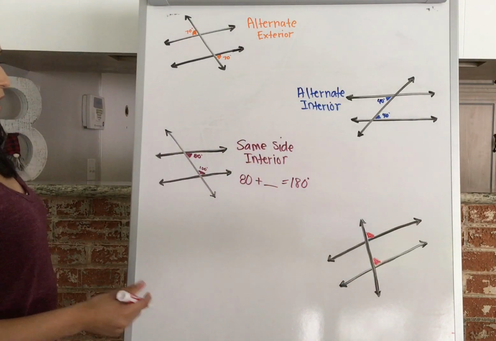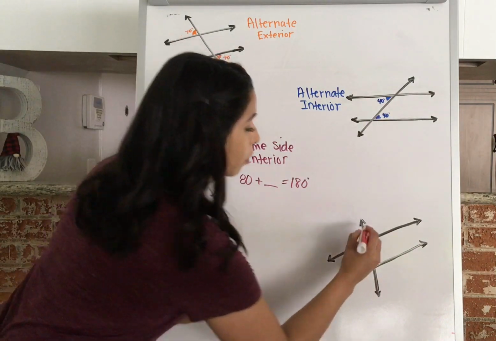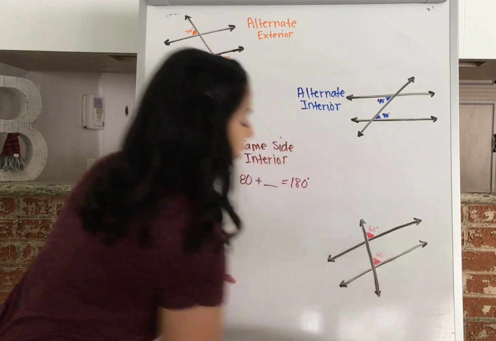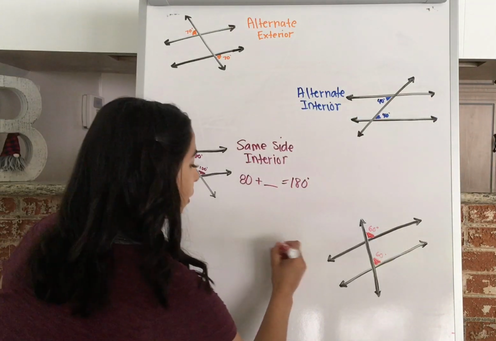Those are corresponding angles. Now, corresponding angles are also equal. So if you know that this angle is 60 degrees, well then this one is also 60 degrees, because corresponding angles are equal.